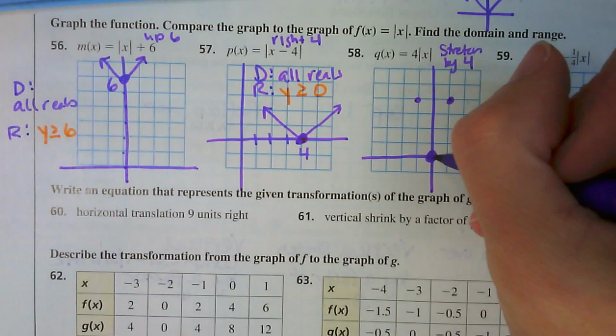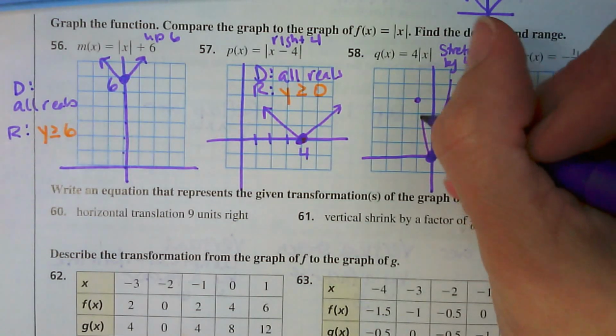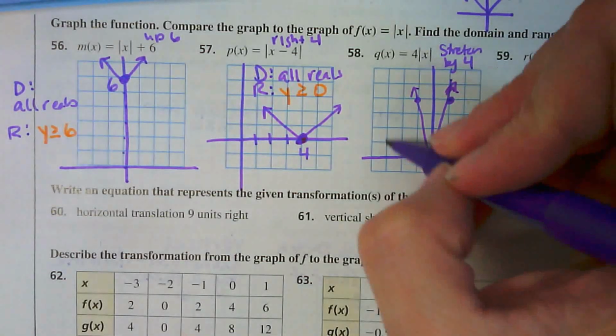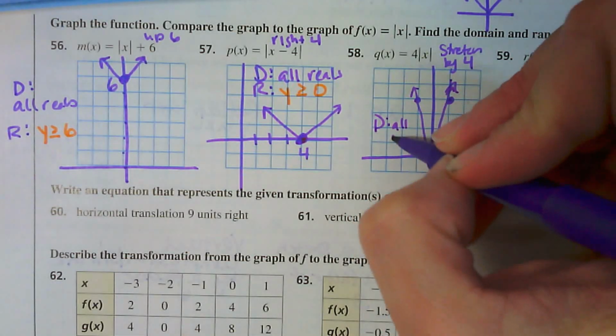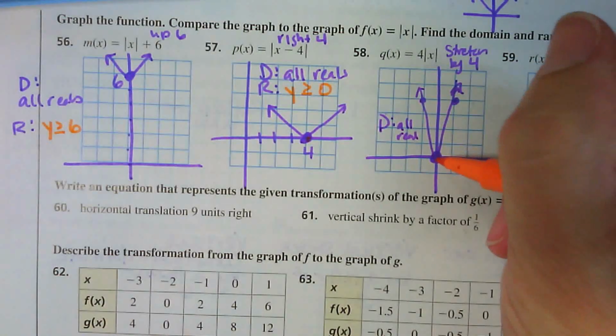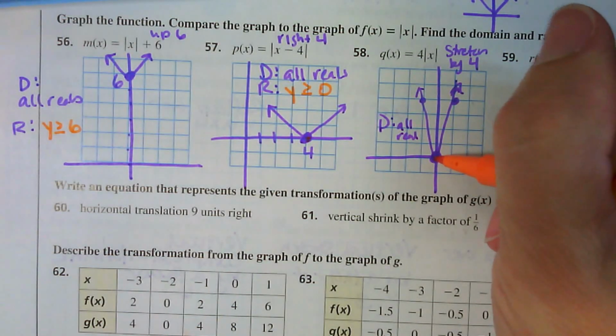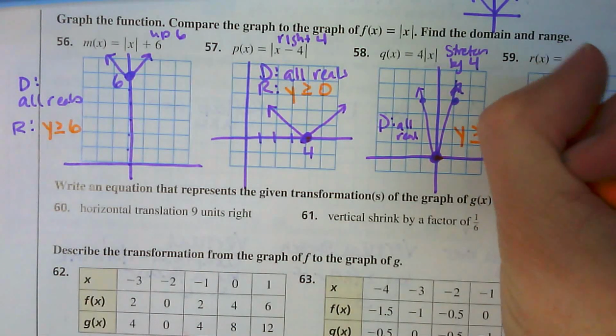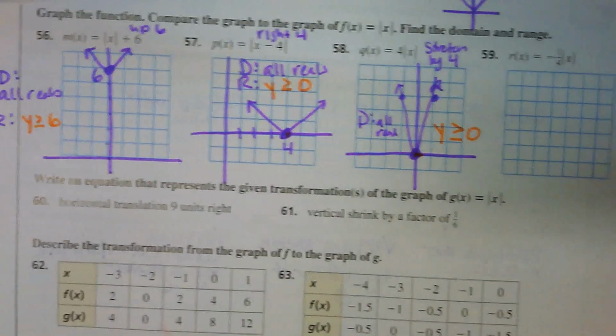Up 4 over 1. So my domain is still all reals. For my range, I look at the bottom, and it goes from here up. What is the y value here? The y is 0, so everything bigger than or equal to 0.